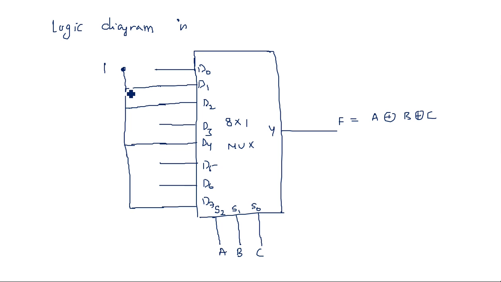And the remaining pins are connected to logic 0. Wherever I have taken the dot, that is connected to 0 or ground. Hope you understand how to implement a Boolean function or a logic function using this multiplexer.